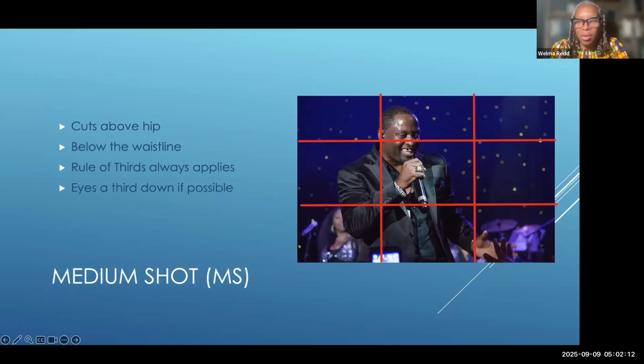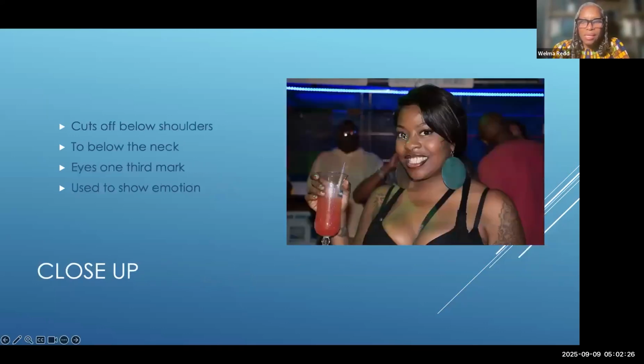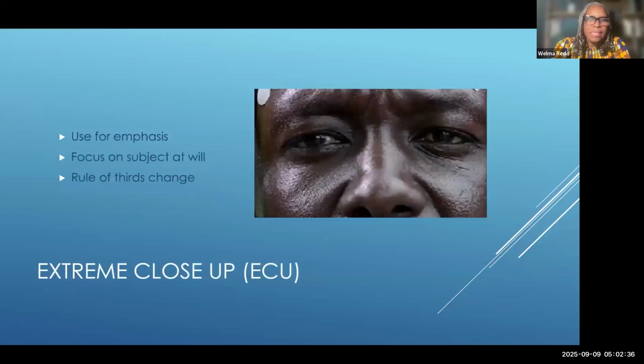These grid lines are found in many cameras to help guide you to put the eyes around here, not in the center, not in the bottom, but at the 1/3 mark. This is a close-up shot. Again, the eyes will be 1/3 of the way down, but it's from the chest, the bust. And this is an extreme close-up.